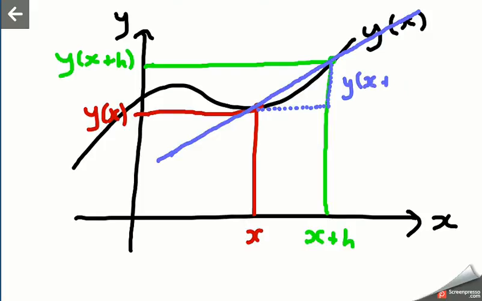And the run is this distance here. That distance there is clearly x plus h minus x. Well, x plus h minus x is simply h, because you've got x minus x there. So the run is just h.